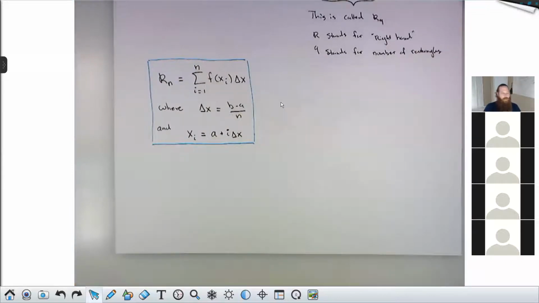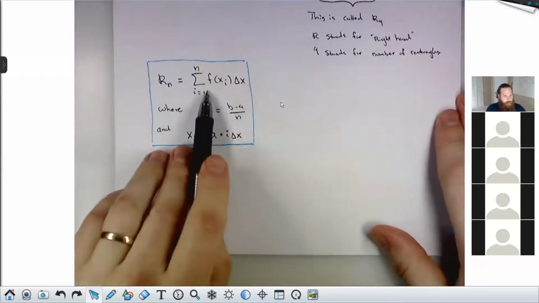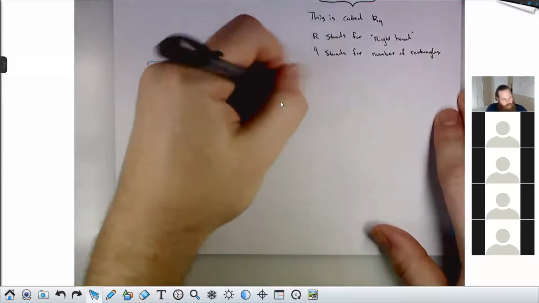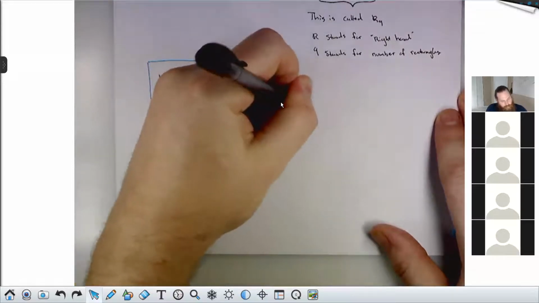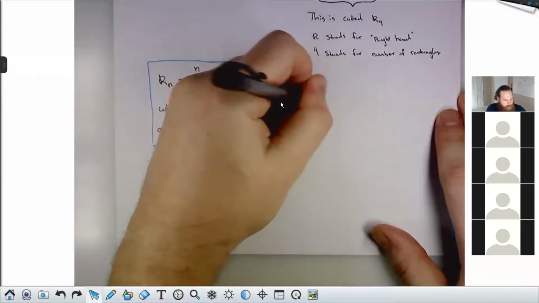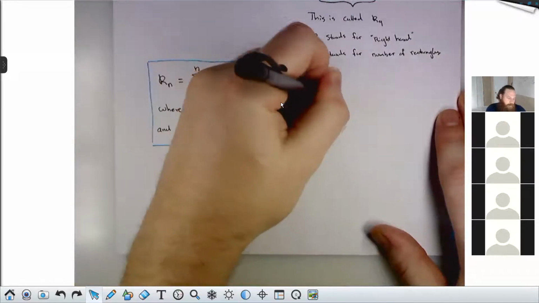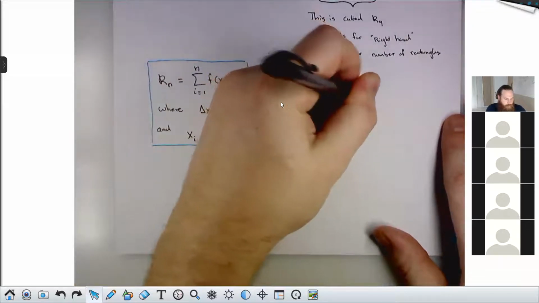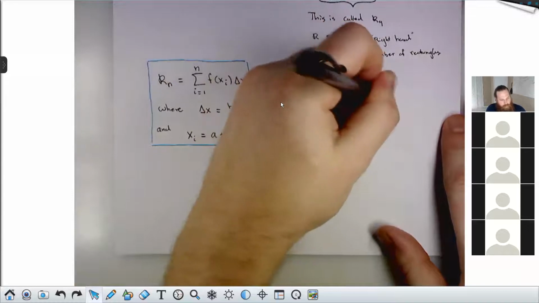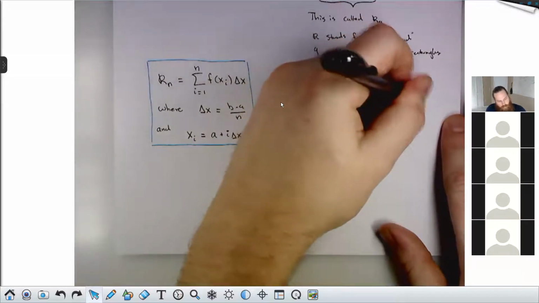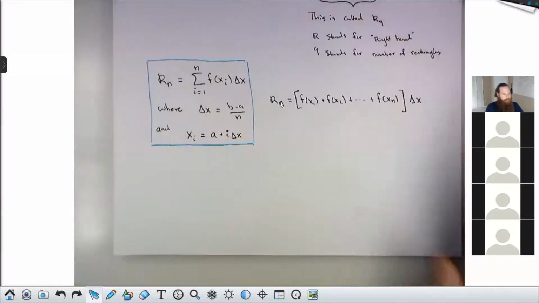You can also write it out in long form. If you want to write it without the capital sigma notation, Rn can be written as, we factor out the delta x, f of x1 plus f of x2 plus all the way out to f of xn, times delta x.